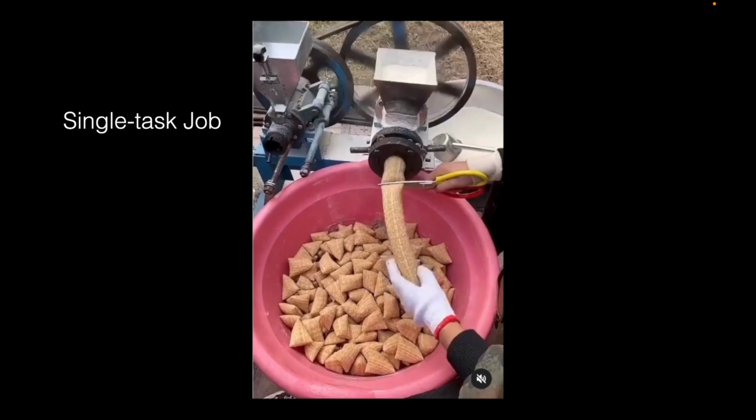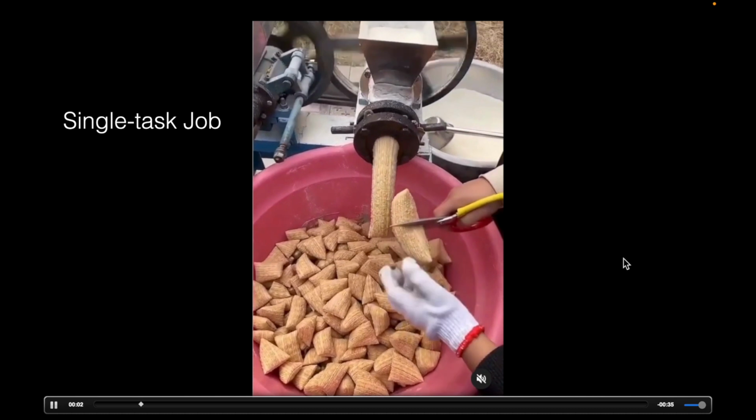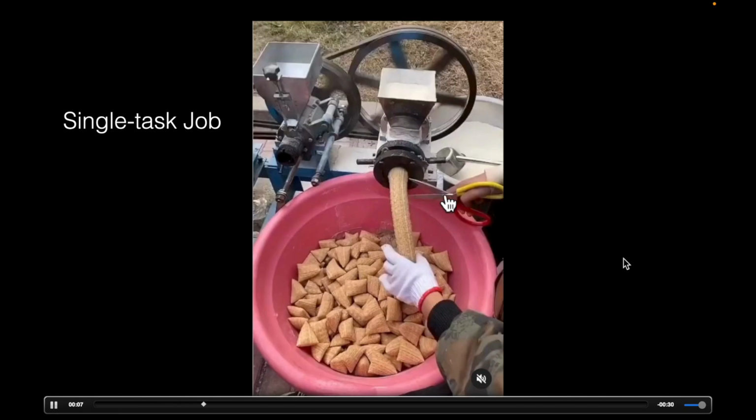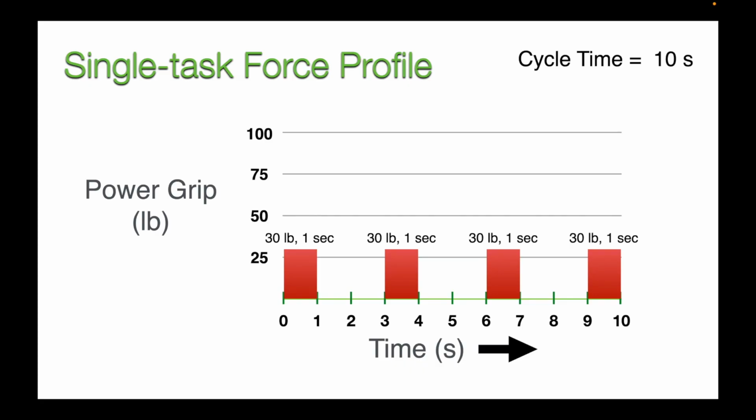Okay, what do we think of when we think of a single task job? Typically, you think of something where someone does the same thing over and over. That's basically the definition of a single or monotask job, such as the one in the video here. Most of the risk assessment tools currently used by the ergo community are single task models.